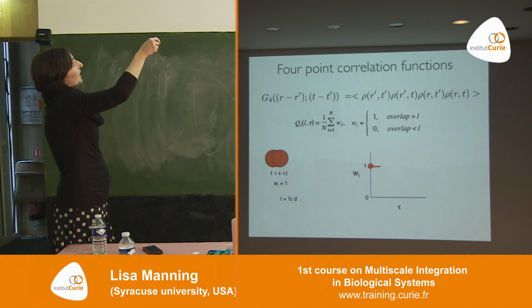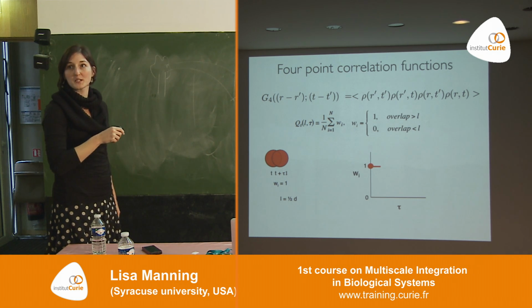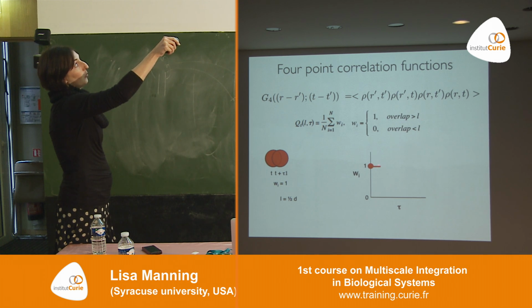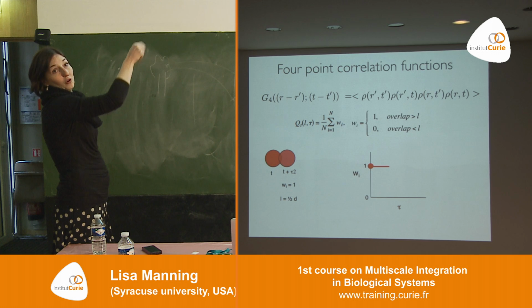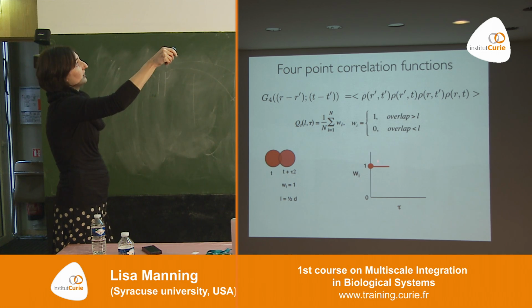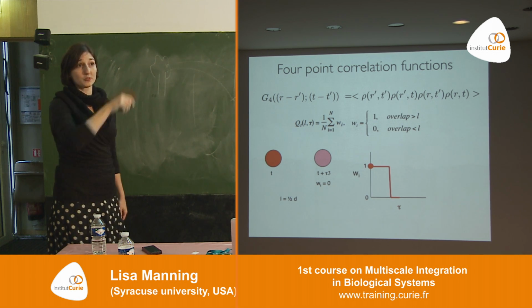And then after a time t plus tau 1, it's still overlapping with where it was before, and so I'm still at 1. And after another time tau 2, I'm still overlapping with where I was before, and so I'm still equal to 1. But now at a time tau 3, I am not overlapping with myself anymore, and so this function goes to 0.